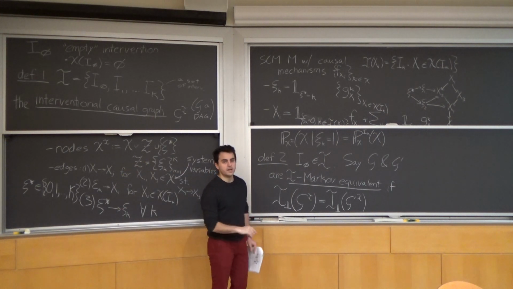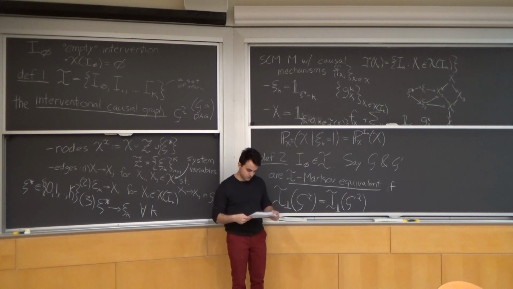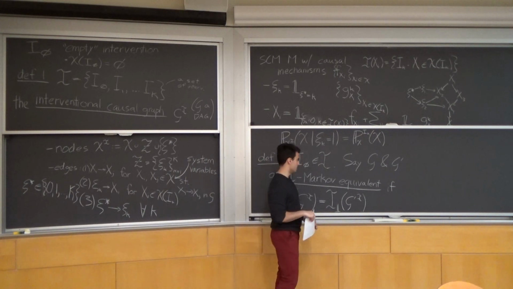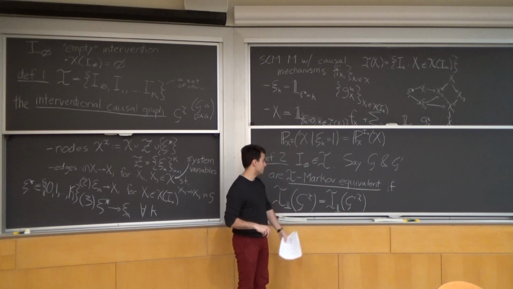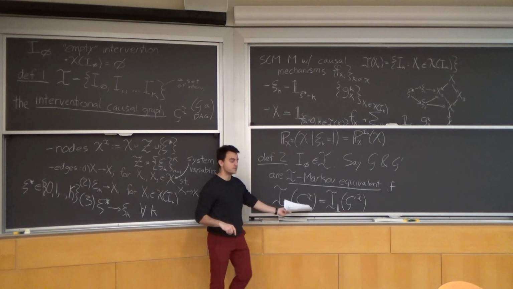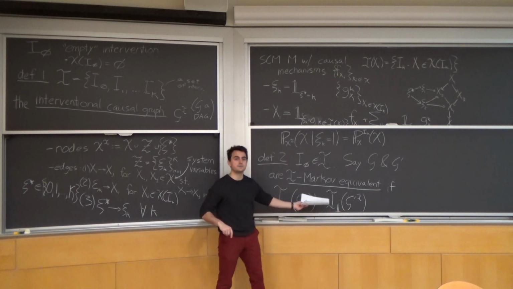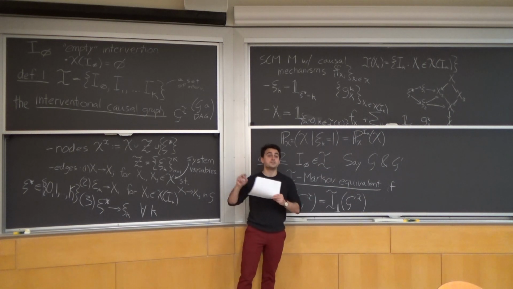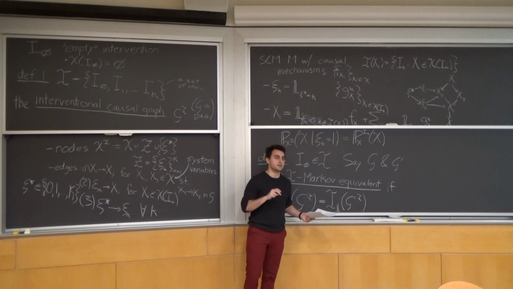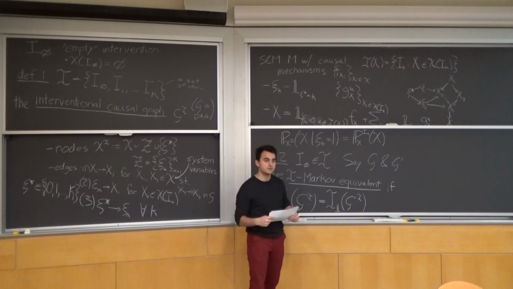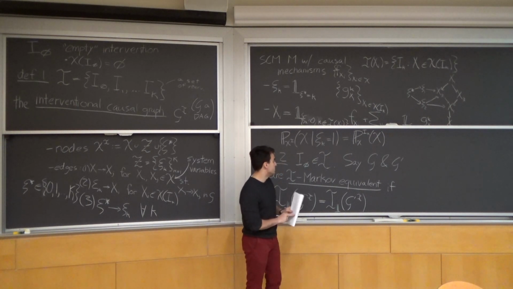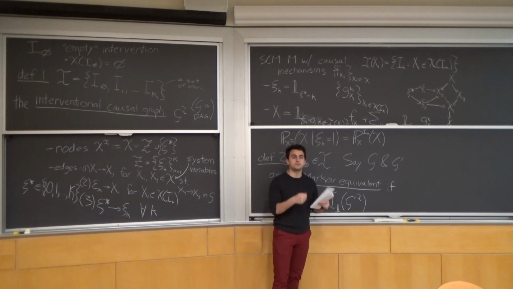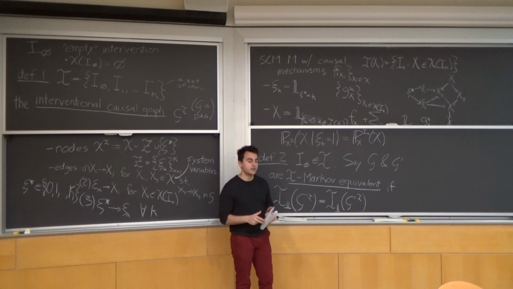By extension of our previous results, we know that two graphs, G and G prime, are I-Markov equivalent if and only if their interventional causal graphs have the same skeleton and the same unshielded colliders. The new thing is that the intervention nodes we introduced can form some new unshielded colliders and give us additional orientations on top of what we already had.